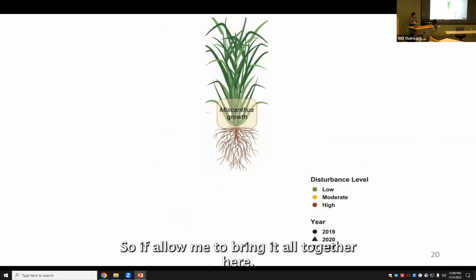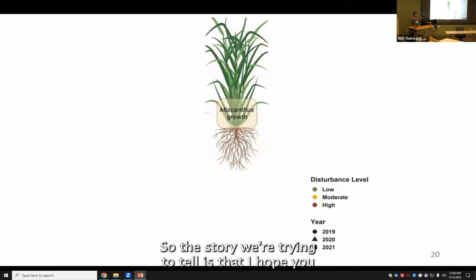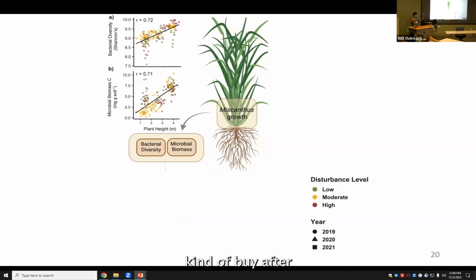So if you allow me to kind of bring it all together here. So the story I think we're trying to tell, that I hope you kind of buy after this, is that Miscanthus growth increases microbial biomass carbon, increases bacterial diversity, did not have huge impacts on fungal diversity or evenness.